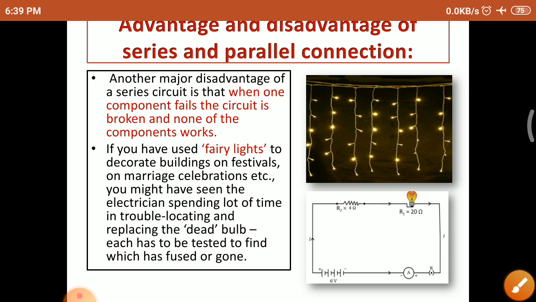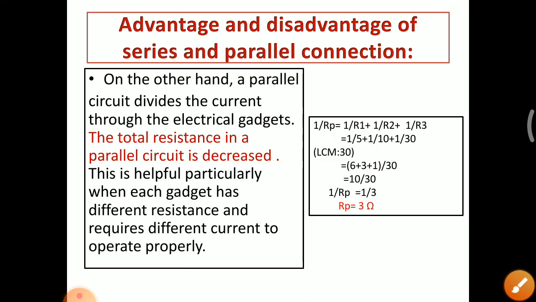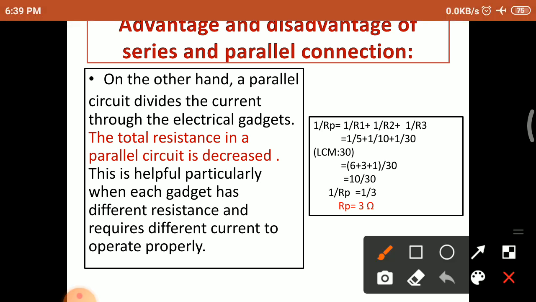So which connection is the best connection? The parallel connection is the best, because in a parallel combination the circuit divides the current through the electrical gadgets. We have learned that the current is different in different electric gadgets, different resistors.